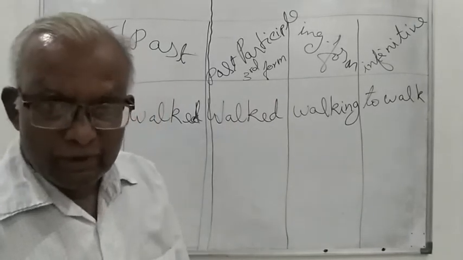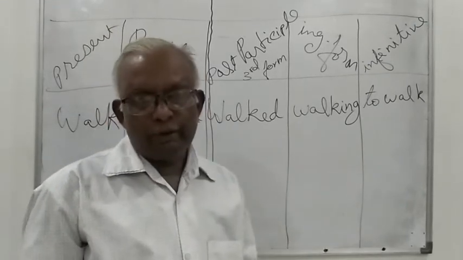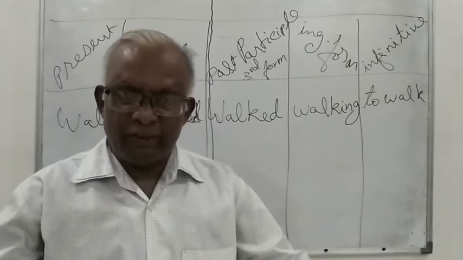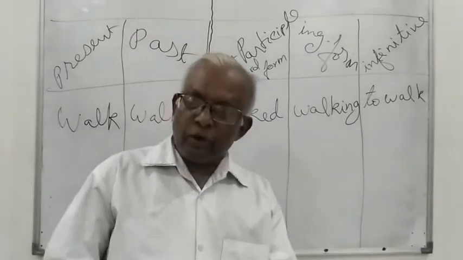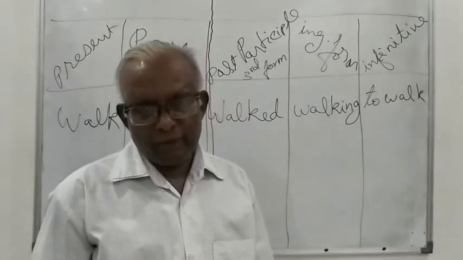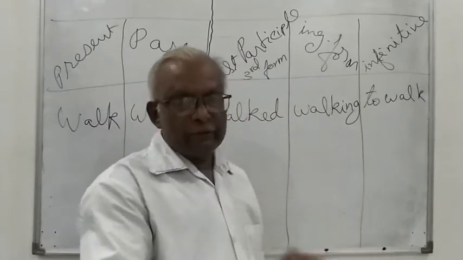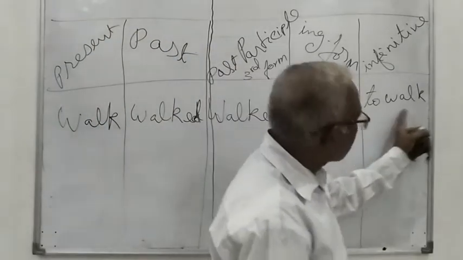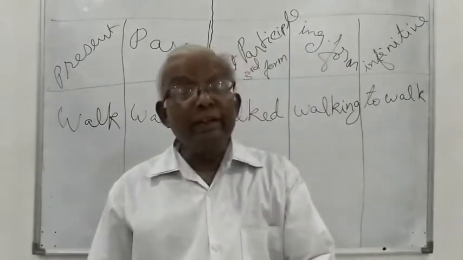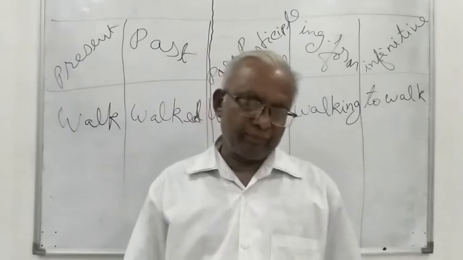In other words, it will need the help of a helping verb to tell you the time in a given sentence. Similarly, the ing form, it will not tell you the time. You need a helping verb to tell you the time. Similarly, the infinitive, you need another verb to tell you the time.